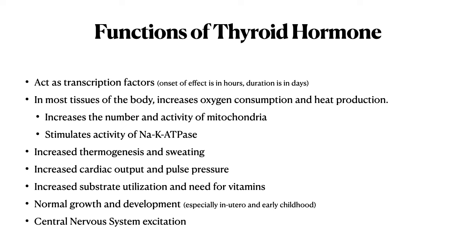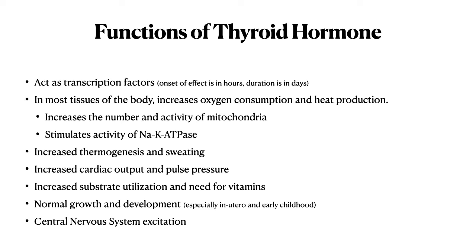Thyroid hormone is essential for normal growth and development, especially the fetus inside the womb, and early childhood. So it is also at this time, embryonic and fetal development and early childhood, that the requirement for thyroid hormone is crucial.